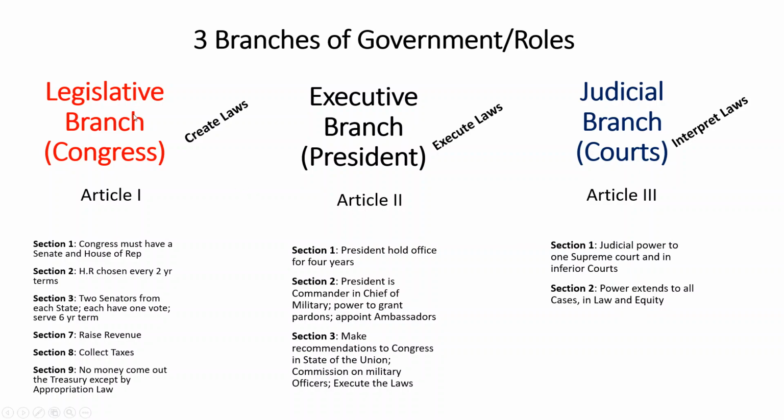So you have legislative, executive, judicial, directly related with Article 1, Article 2, and Article 3. So best to learn them in this order so you can directly know which part of the Constitution governs. So if you're given a scenario and it states Article 3 of the Constitution, blah, blah, blah, then you can know that they're talking about the courts.